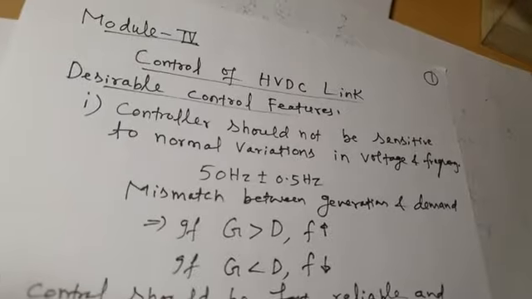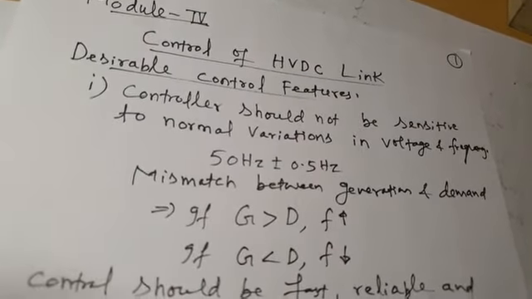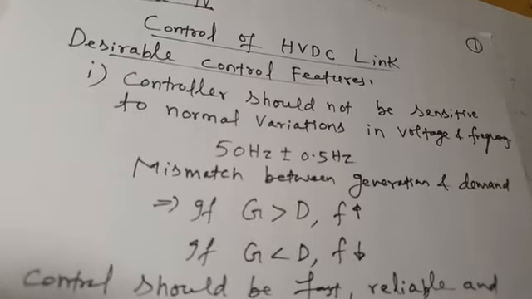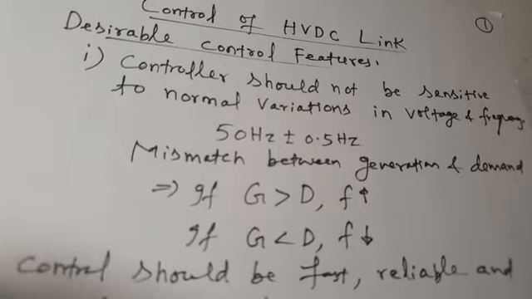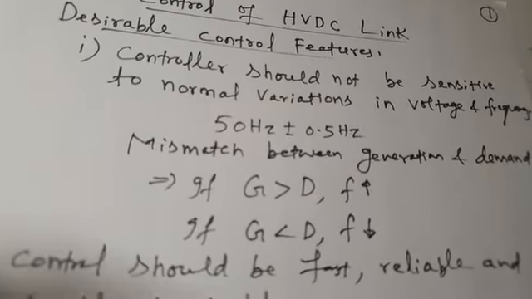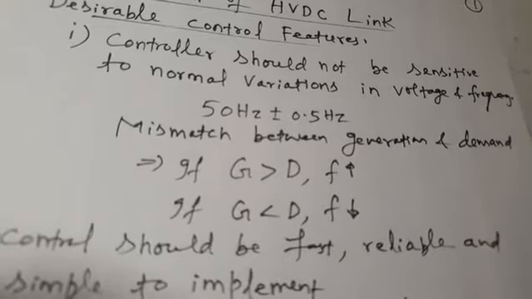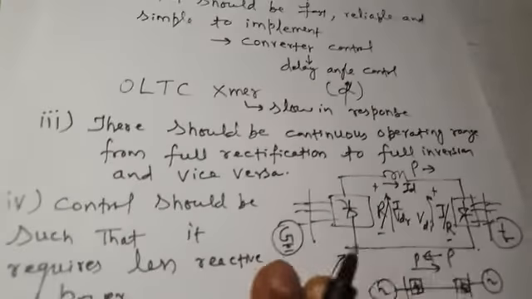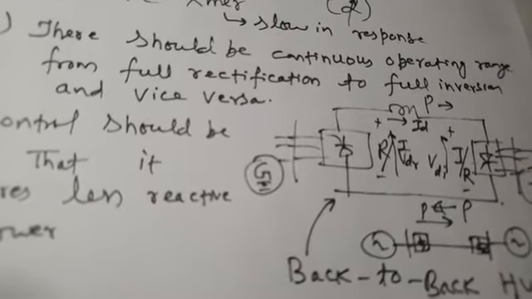The first desirable feature is that the controller should not be sensitive to normal variations in voltage and frequency, because there are always some small variations within the tolerance limit, the voltage varies, the frequency varies. For small normal variations in voltage and frequency, your controller should be insensitive. It should not operate.